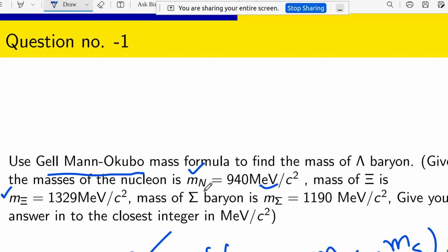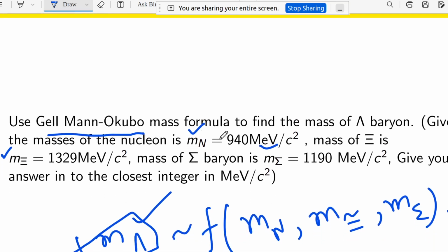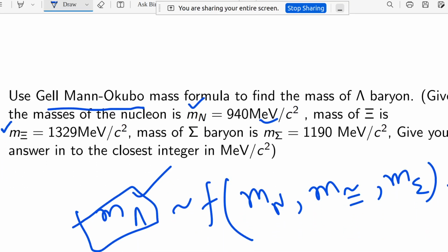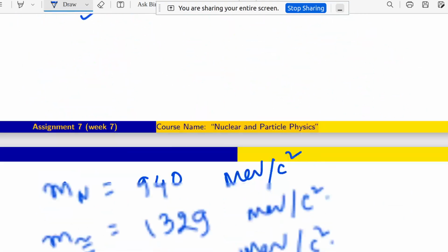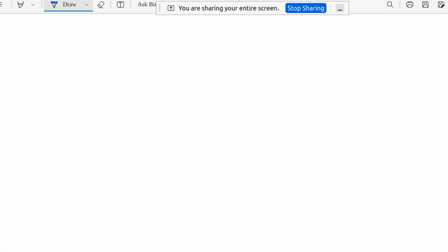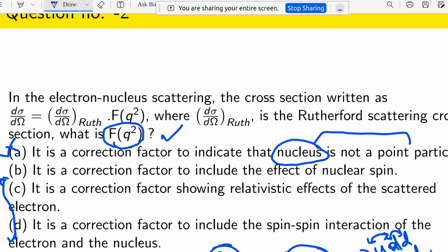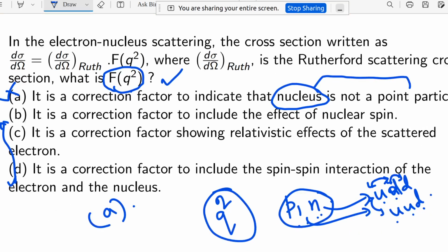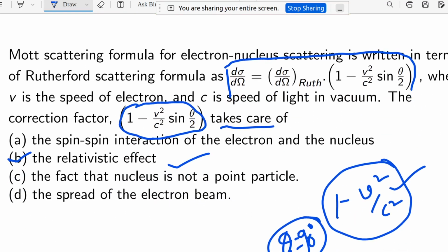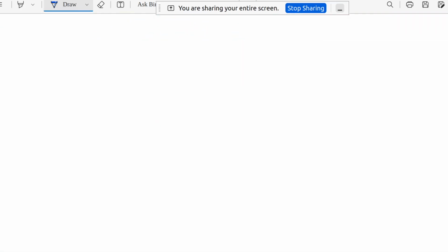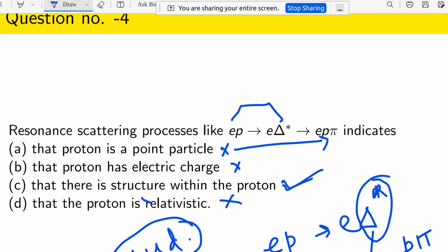This is question number 1. Then question number 2 is this one. Now question number 3 is this one. Now question number 4 is this one.